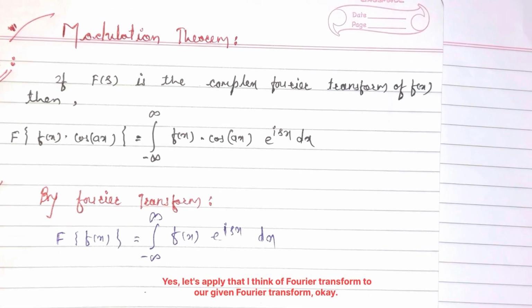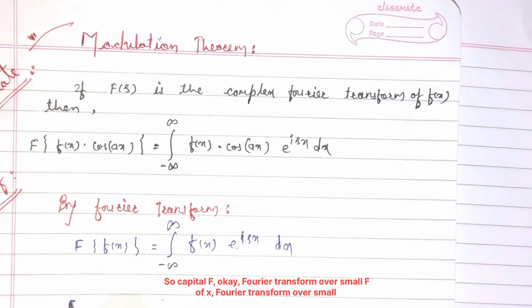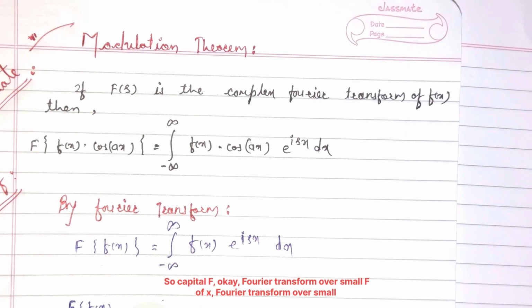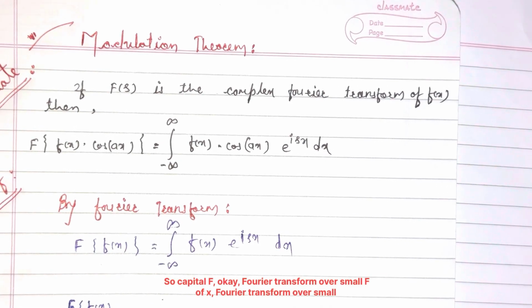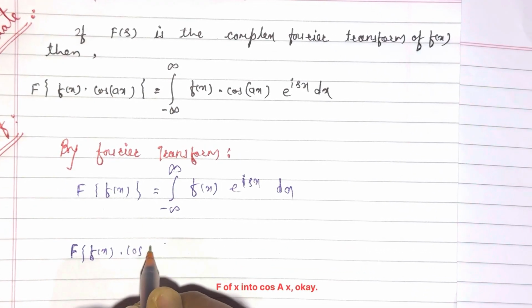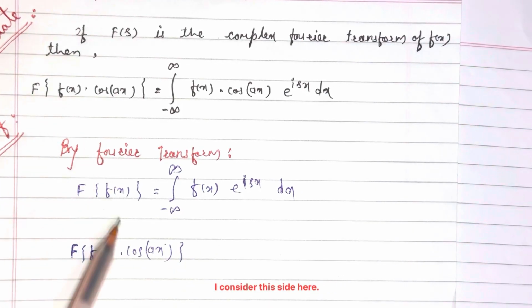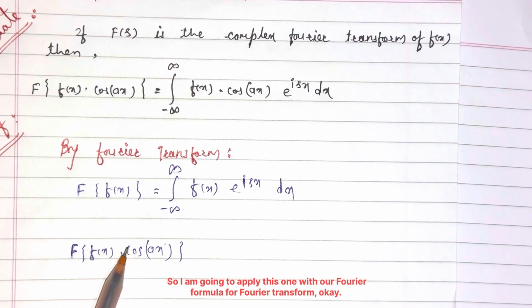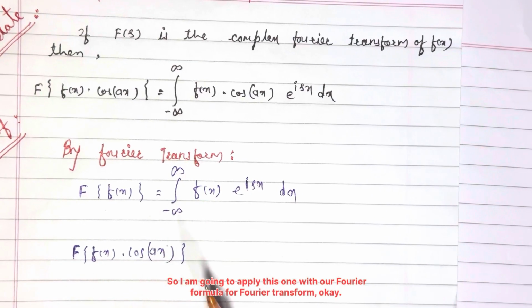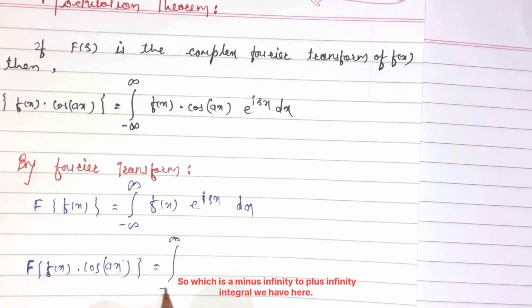Let's apply the Fourier transform to our given function. So capital F, the Fourier transform over small f of x into cos ax, I consider this side as it is here. I apply the formula for the Fourier transform, which is the integral from minus infinity to plus infinity.